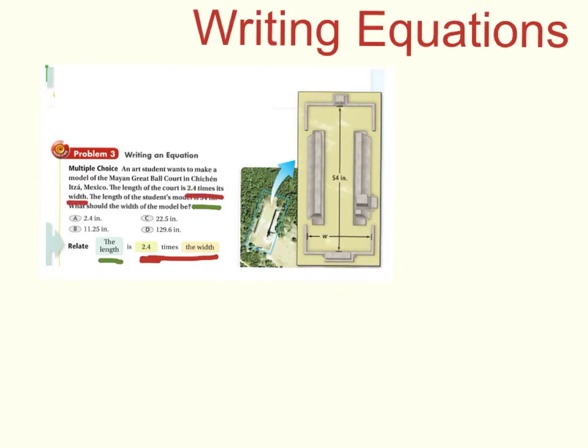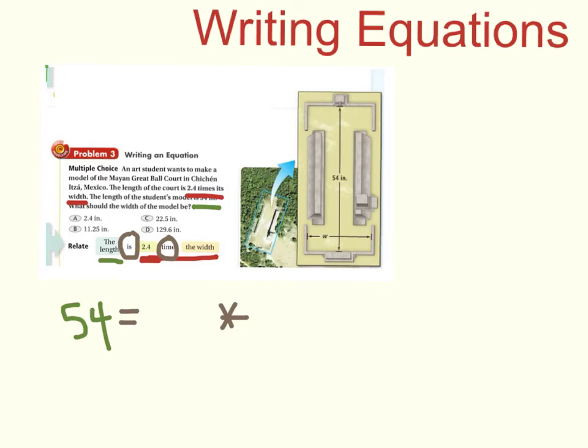Okay, and now we need to associate words that we are aware of. Is means equals, almost always. Times means multiplication. Now we just have to fill in the rest. Length, we know what number that is. That is our known number of 54 inches. So we're going to put that on one side.